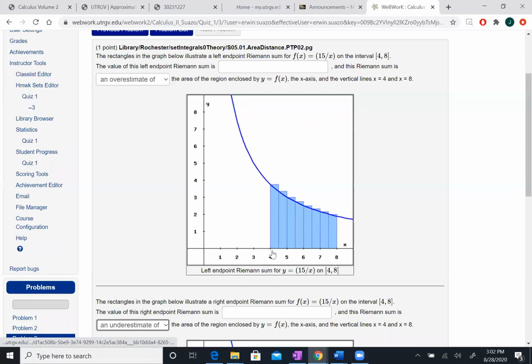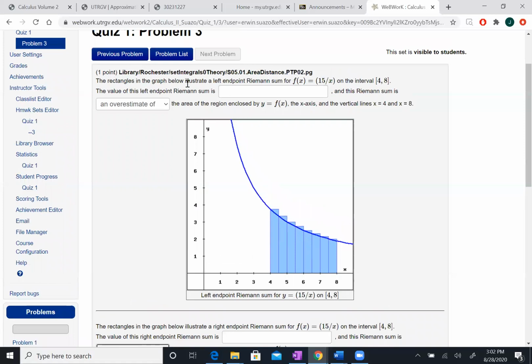So here, what is n in this case? n is basically the number of rectangles. How many rectangles do you have? 8. You have 1, 2, 3, 4, 5, 6, 7, 8.